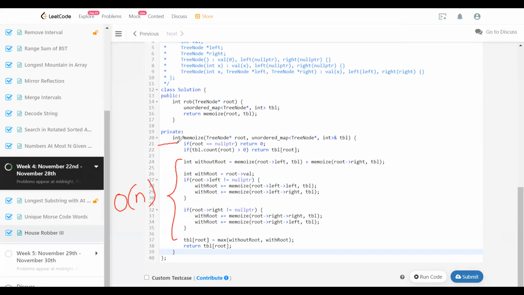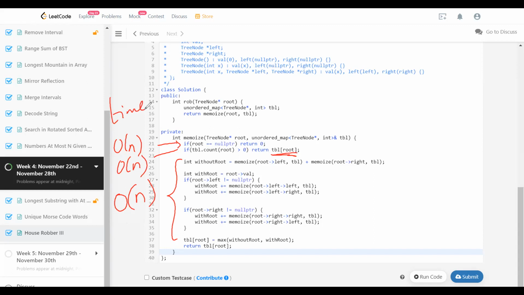So the number of null pointers we need to figure out, and also the number of times we hit this case, right? Those are not more than linear. Actually, the number of null pointers is also linear. That can be proved by some tree property. So that's another big O of n. And the number of times we hit this is also going to be linear. So that is going to be another linear. So overall, it takes linear time. So this is all about time.